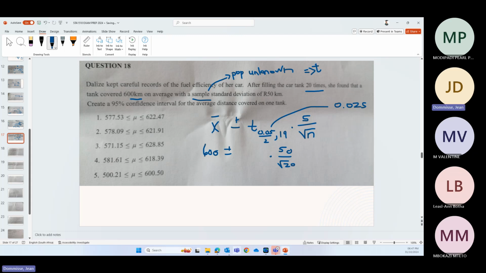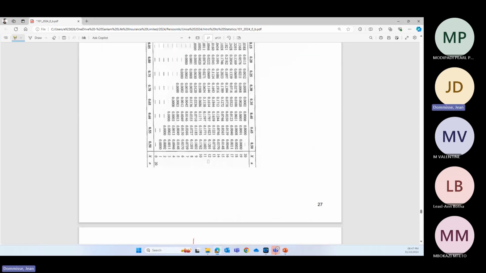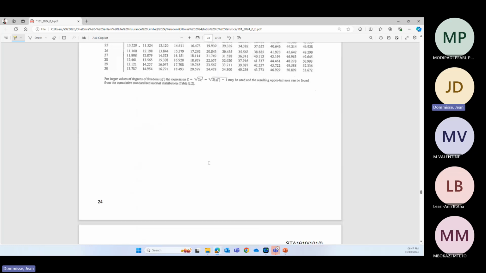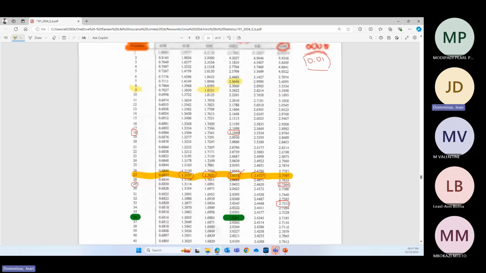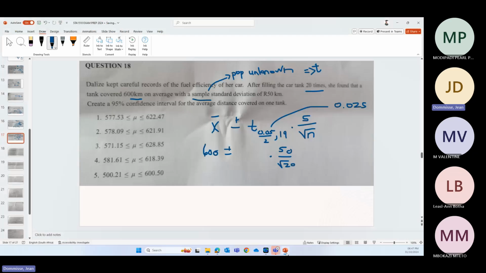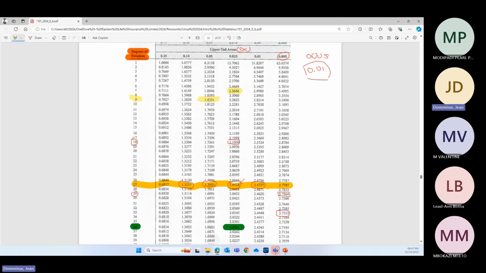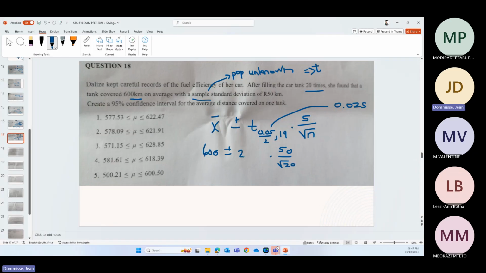So let's look at t. We need to go back. Degrees of freedom was, I think, 19. Degrees of freedom 19, 0.025, so 2.093. Let's quickly work that component out.